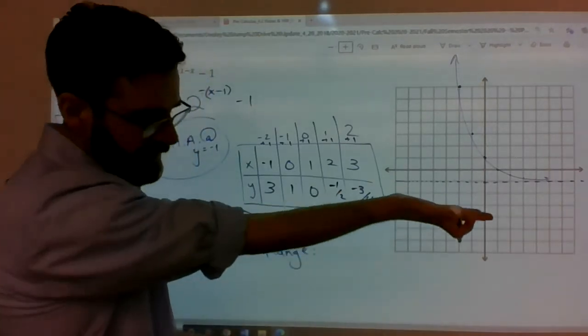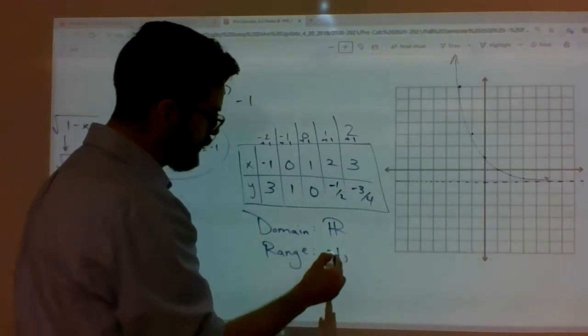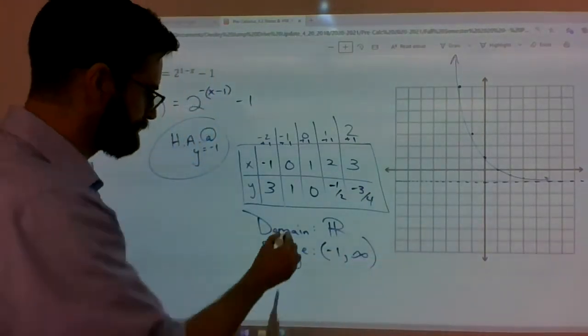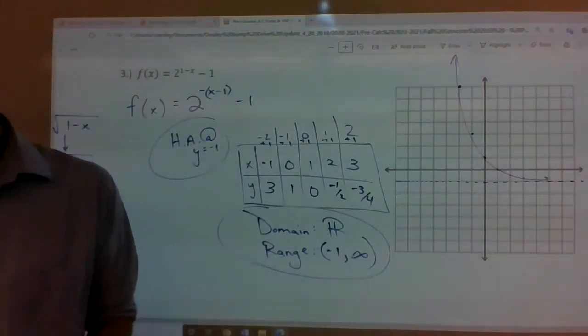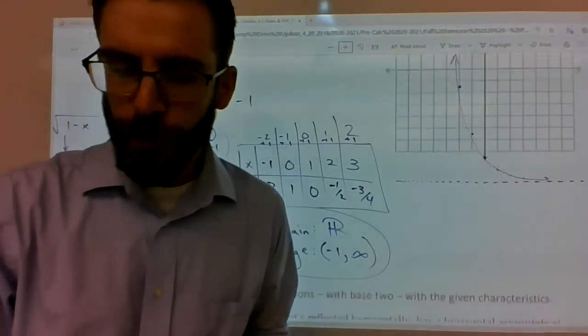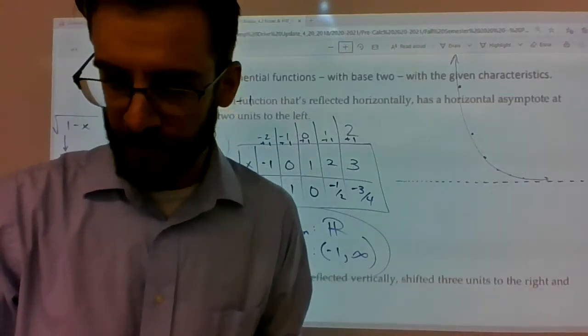The range is basement valued at negative 1. Can't go lower than that. No ceiling, though. All right, so that's the gist of it today. Can you graph when you have vertical and horizontal reflections and vertical and horizontal shifts?